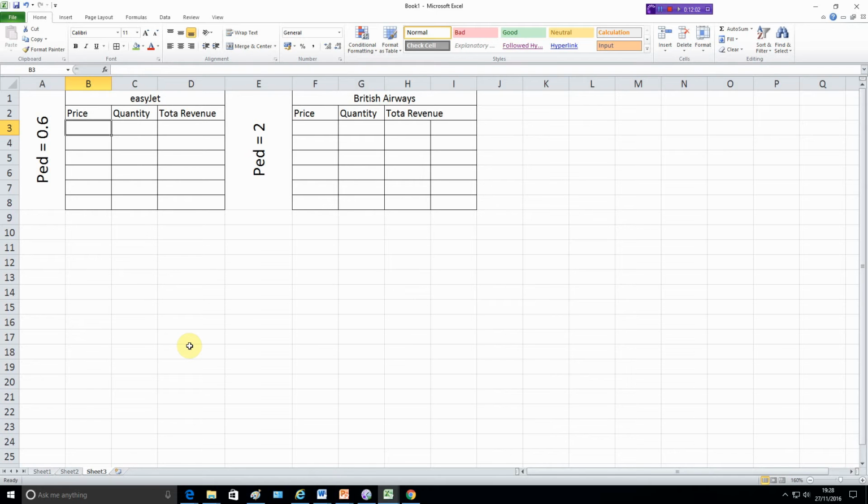Now, let's say for EasyJet, the price of a normal ticket from London Heathrow to Paris Charles de Gaulle is £50, including airport tax and all other expenses. And we'll have this in pounds as well.